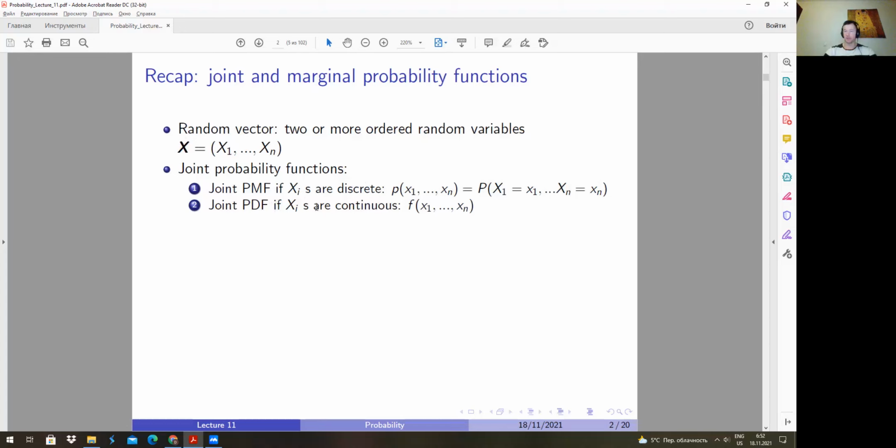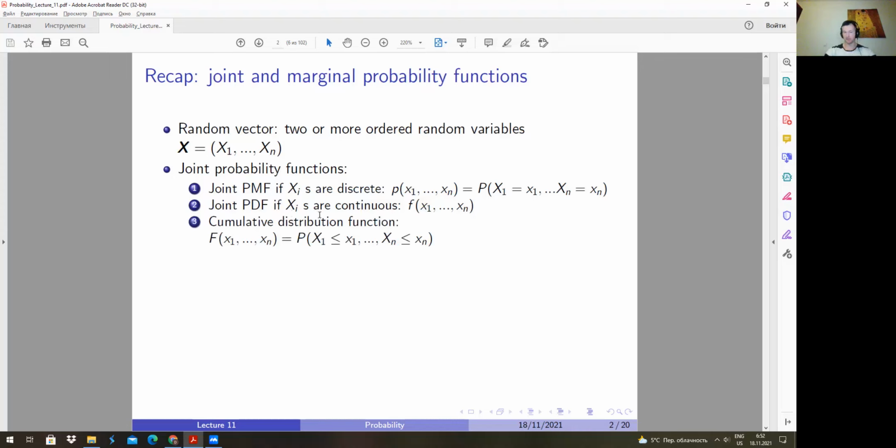When we talk about the continuous random variable, we introduce the joint probability density function. This density function does not have the same meaning as the previous one, and the density function is defined with the help of the cumulative distribution function.